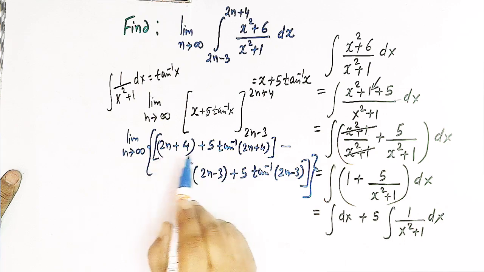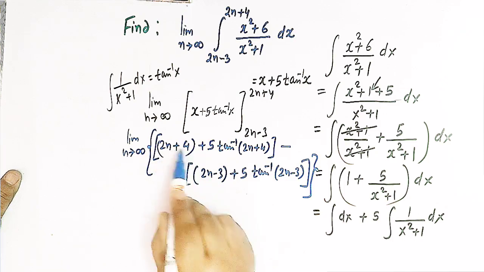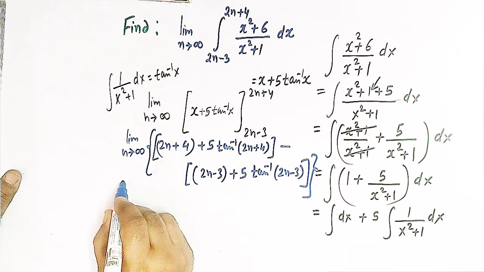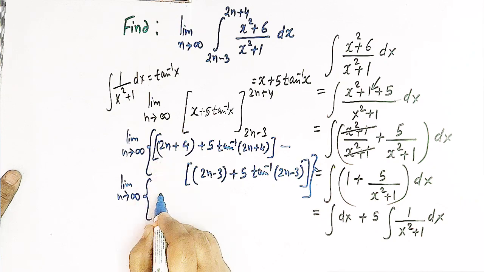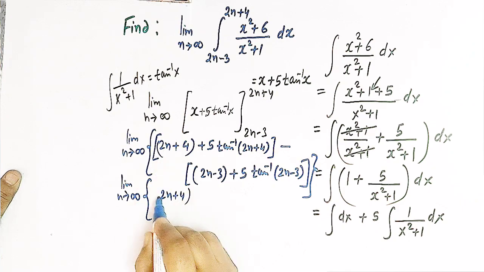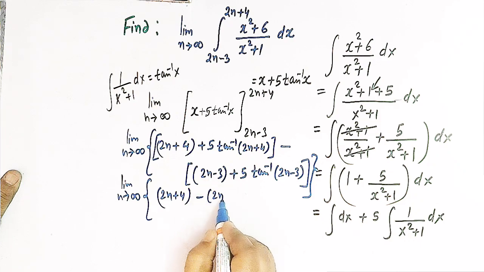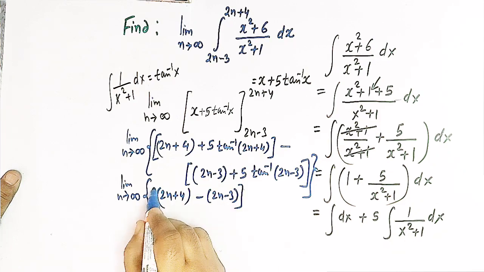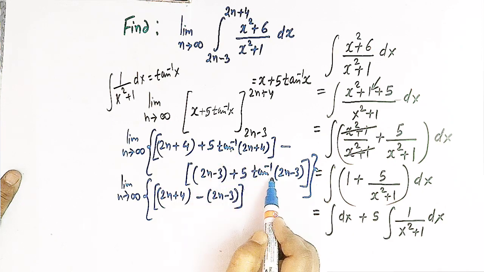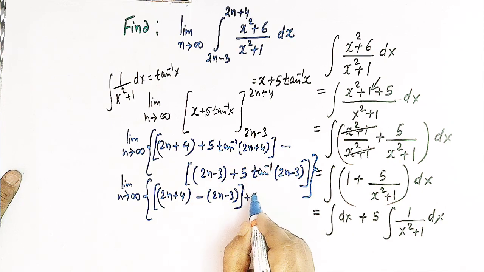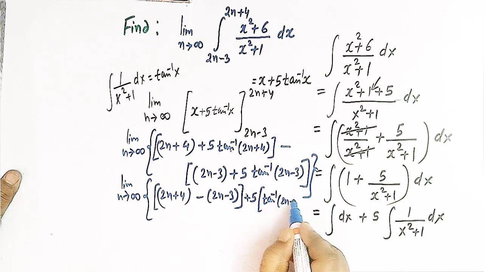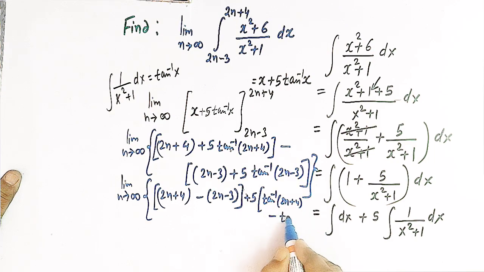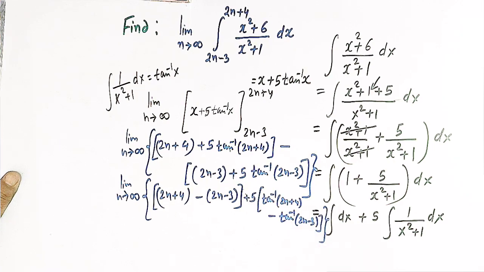Now let us combine the similar terms. We have limit n tends to infinity, and we can combine 2n plus 4 and 2n minus 3, and then we can combine these two terms: plus 5 times tan inverse 2n plus 4 minus tan inverse 2n minus 3.